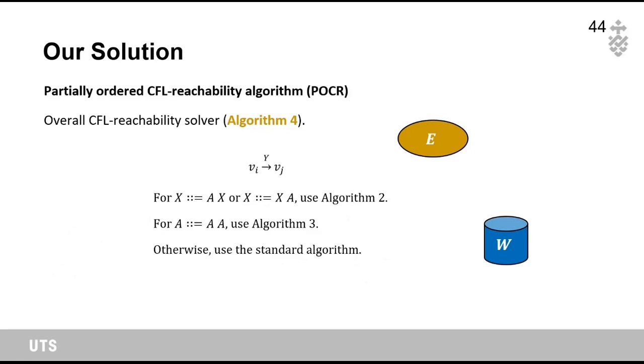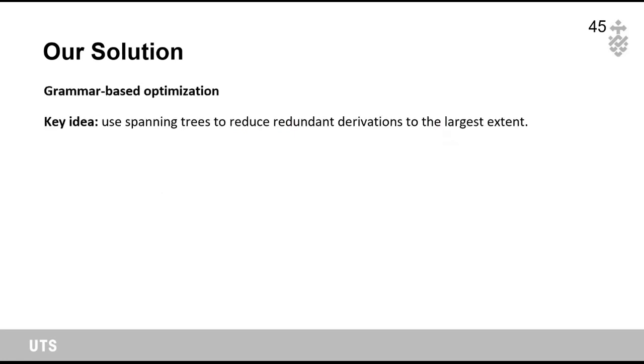Specifically, while processing an edge, we use the two spanning tree-based methods to handle the production rules such as X equals AX, X equals XA, and A equals AA, and handle the other productions in the same way as the standard algorithm. The paper also discusses some grammar-based optimizations of our algorithm. The key idea is to use spanning trees to reduce redundant derivations to the largest extent.